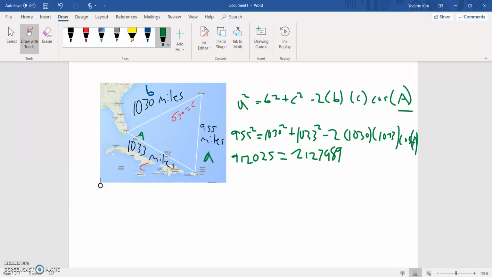Then you multiply these two, so 1030 times 1033, you get 1,063,990, but you're not done yet because you still have to multiply this by 2. When you multiply by 2, you get 2,127,980 cosine of A. So you do the same thing now, and you subtract this on both sides.